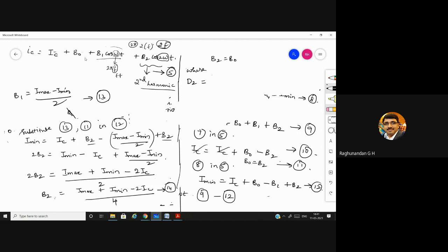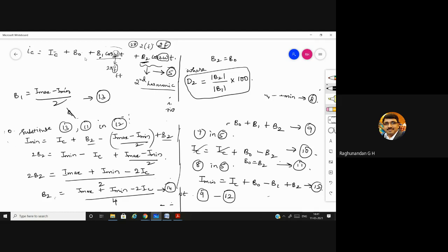It is found by B2 by B1 into 100, in terms of percentage. B1 is our fundamental component. B2 is with second harmonic. B1 is with fundamental frequency. So we will be getting how much variation it is having. That is known as second harmonic distortion.